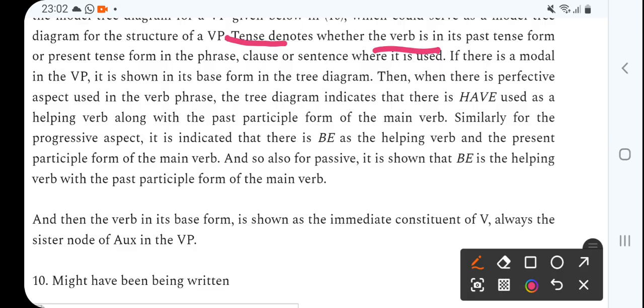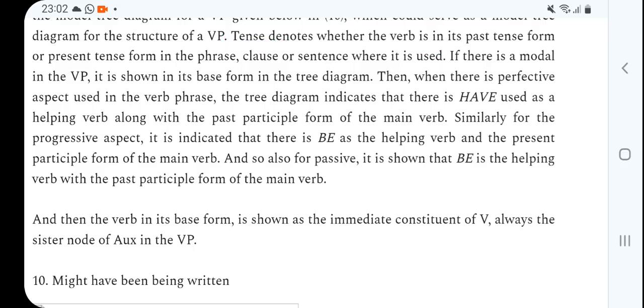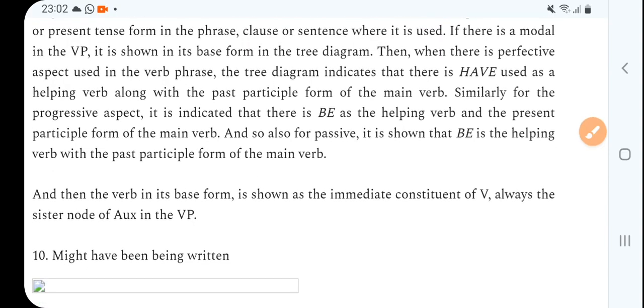If there is a modal in a VP, suppose the modal is in "they would like to go there", so "would" is the modal. The modal in the VP is shown in its base form in the tree diagram.